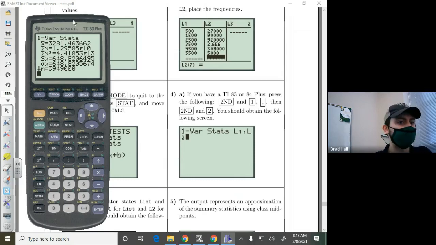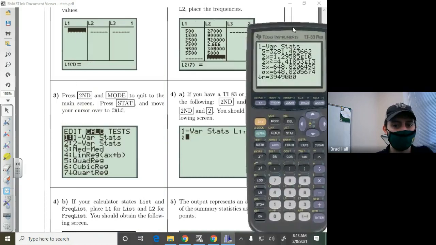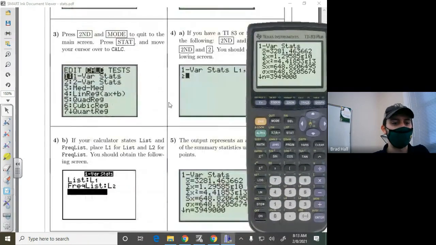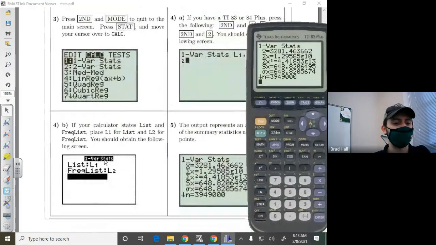So if you have the other situation instead, something that looks more like this picture down here that looks different than the other pictures. I'm not going to be able to resemble that on this computer, but under list, it should say L1 already. Under frequency list, when you put your cursor there, you need to press second and the number 2.